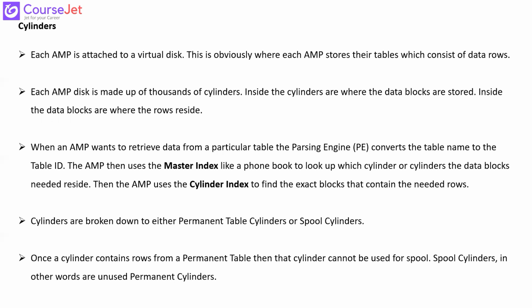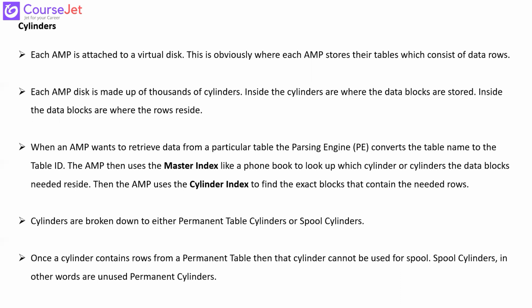When an AMP wants to retrieve data from a particular table, the parsing engine converts the table name to a table ID. It parses the table name, hashes it, and gets a table ID. Then the AMP uses the master index.